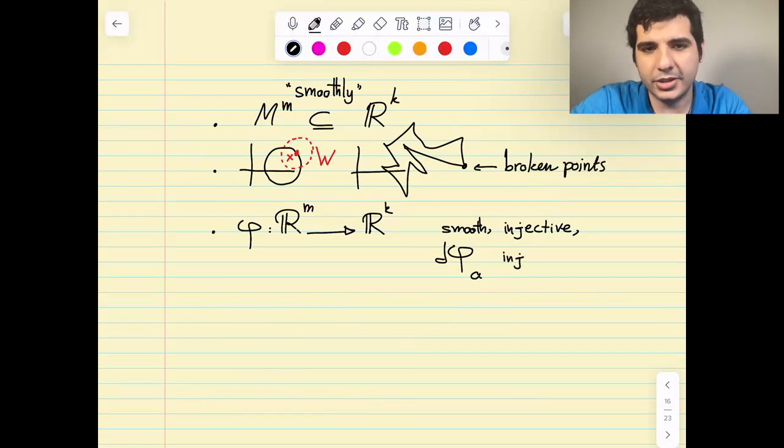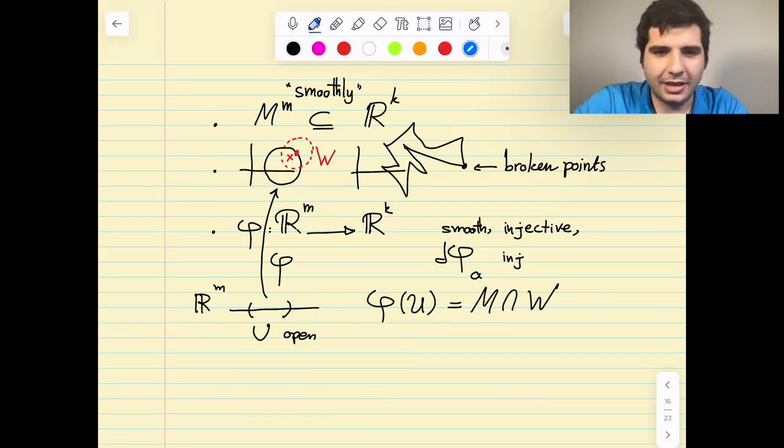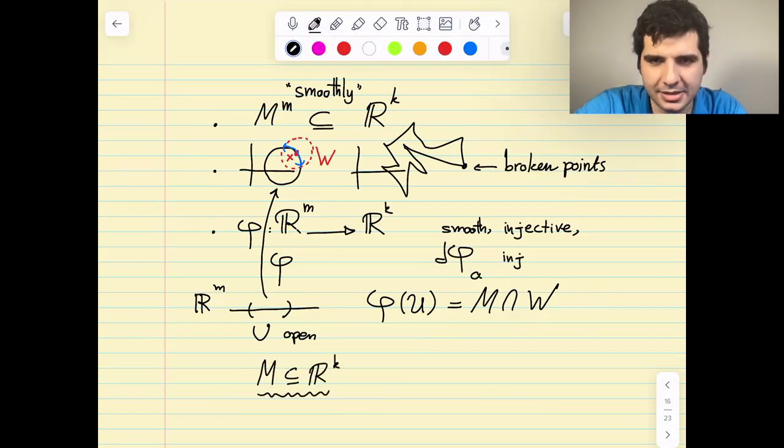So let's say this is Rm, where our manifold is m-dimensional. There should be some open set U where the map phi takes you to W, such that the image of U is exactly equal to M intersection W. Schematically, there's an open interval U, and the map phi should exactly take that to a neighborhood of x inside M intersecting W. If that's the case, we say we have a smooth embedding of M inside Rk.